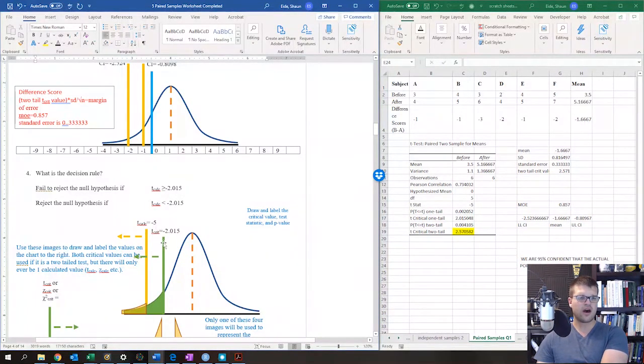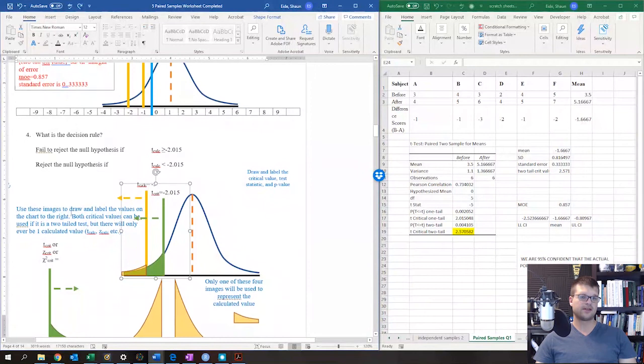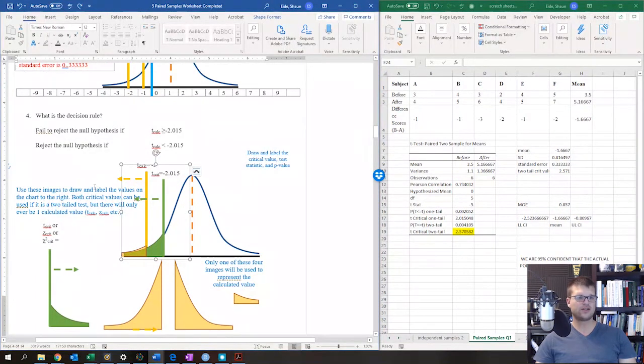So anything greater than or equal to this green line right here, anything over here, we would fail to reject the null hypothesis. Anything to the left of this green line, we will reject the null hypothesis. So that's the decision rule.